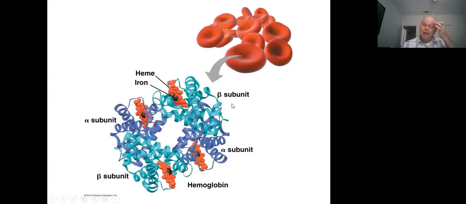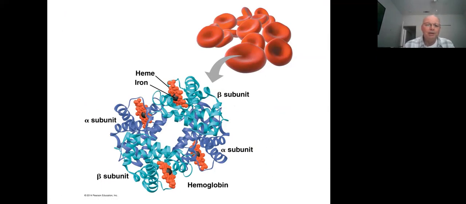So a really great example of a protein with quaternary structure is hemoglobin. If we were on campus, I could show you a model that we have of hemoglobin that's been 3D printed. We got it from a commercial company, and it allows us to pull out one of the individual polypeptides and show you the components of the polypeptide that go together to make up the protein.